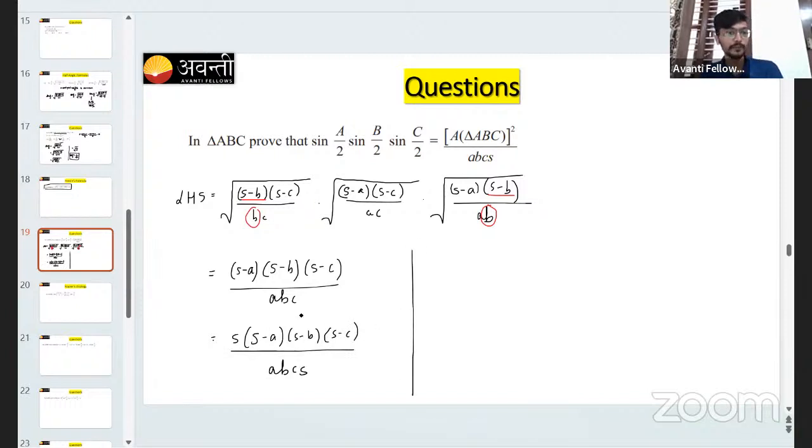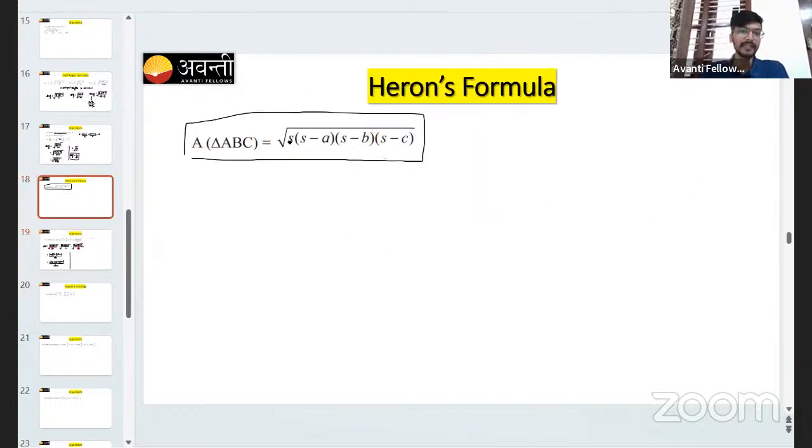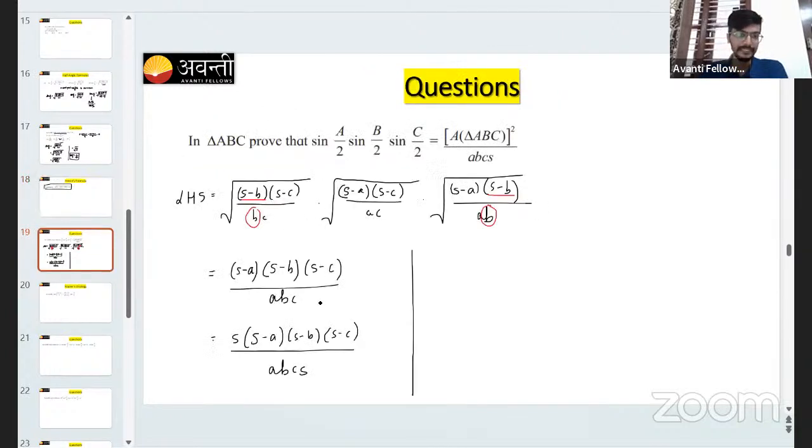And now if you remember एरिया ऑफ ट्राइंगल क्या था? अंडर रूट. तो अगर मैं दोनों साइड पे स्क्वायर करता हूं तो यहाँ से अंडर रूट क्या हो जाएगा? गायब. तो दैट मीन्स आई कैन राइट द न्यूमरेटर एज एरिया ऑफ ट्राइंगल ABC का स्क्वायर.